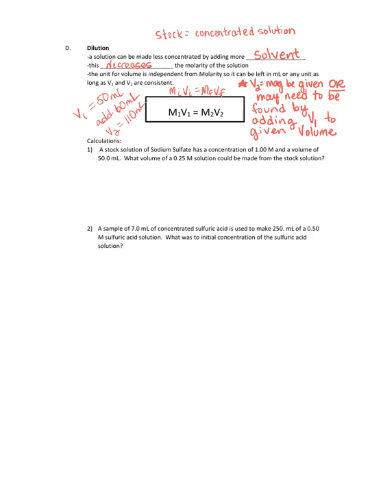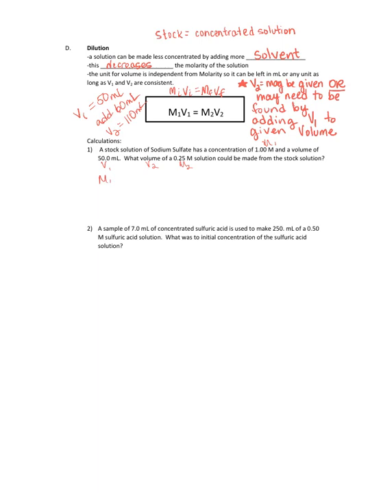All right, so let's look at this. Calculations. A stock solution of sodium sulfate has a concentration of 1 molarity and a volume of 50 milliliters. So we have an M1 and we have a V1. What volume, so we're looking for a V2, of 0.25 molar, so we have an M2, could be made from the stock solution.